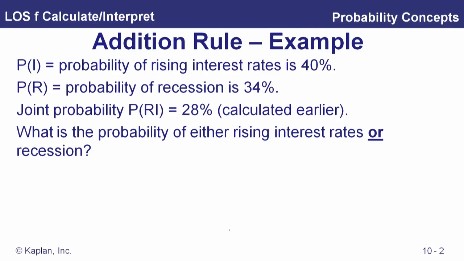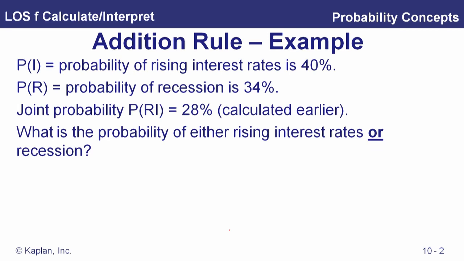And for our addition rule, we've got the probability of an interest rate increase of 40%, and we have the probability of a recession is 34%. So those are both unconditional probabilities. And the joint probability we already calculated, our 40% times 70%. We said 28% of the time we'll have both an interest rate increase and a recession.